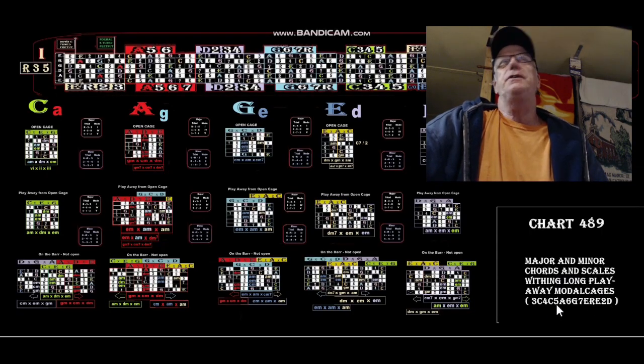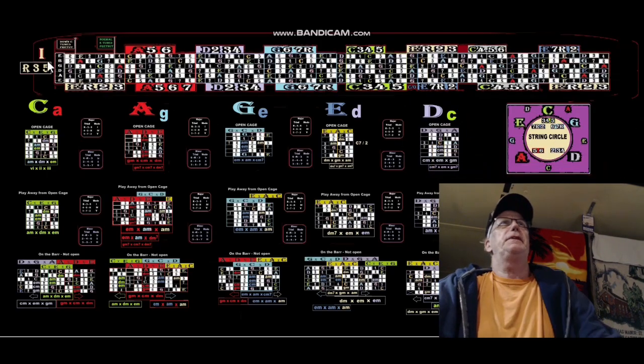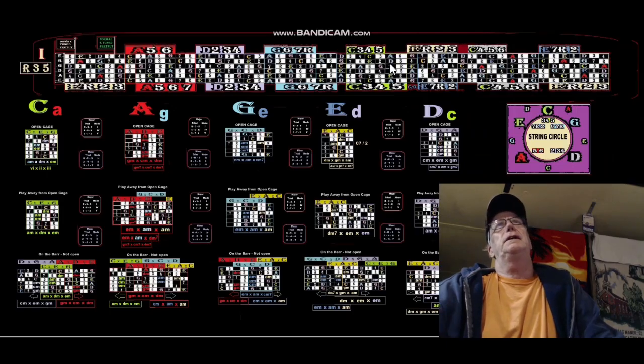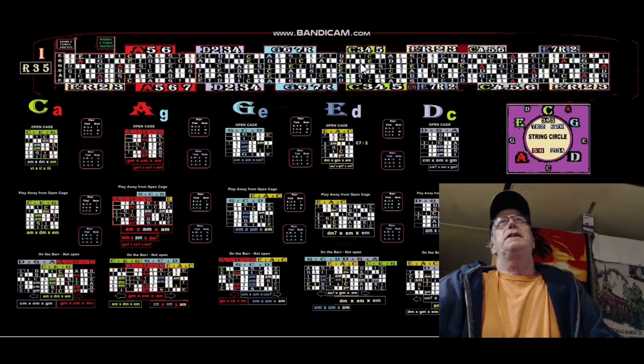That's with the 2 C's and the 2 E's. Okay, so that's all up here on the fretboard. Let's get down on it. Okay, this is the CAGED fretboard. We've got the C cage, but we also have the Lydian.